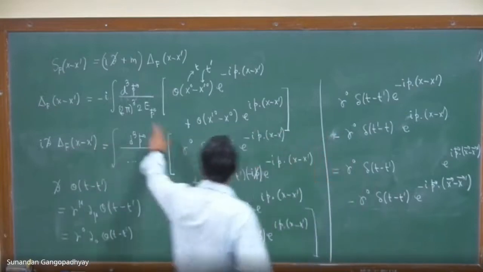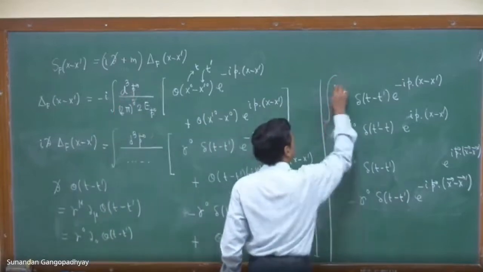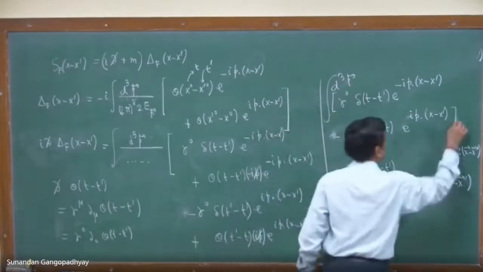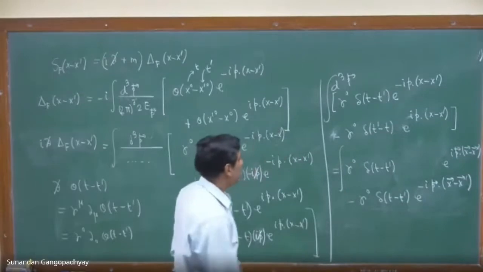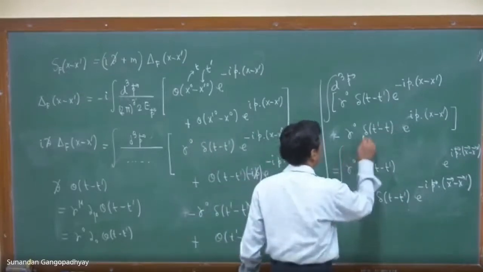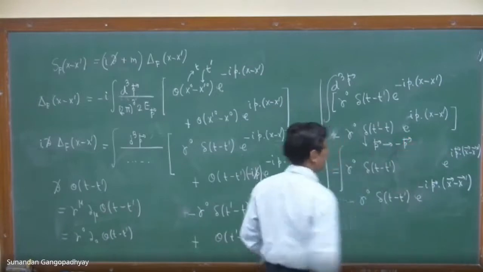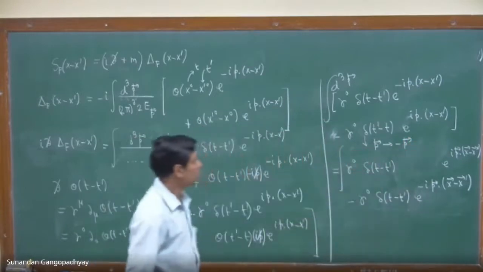So now what you can do is, in this p integral, you should remember that there is an overall p integral, right? What you can do is take p goes to minus p in any of the terms. Suppose in the second term we take p goes to minus p.